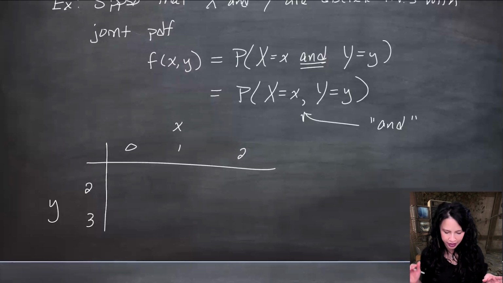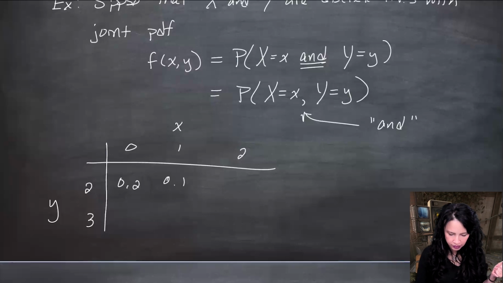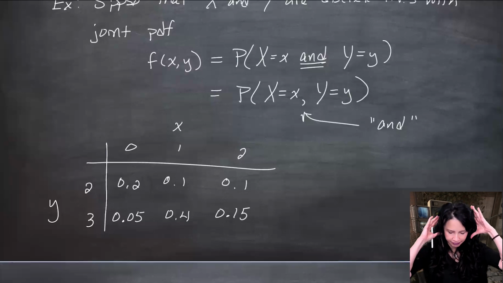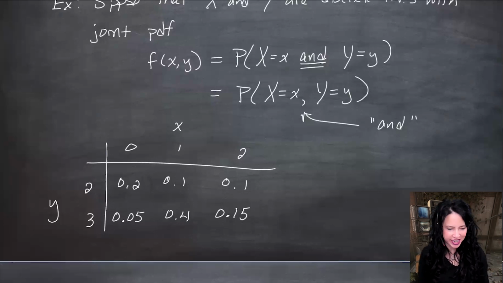So I need to come up with 6 numbers that add up to 1. So how about 0.2, 0.1, 0.1, maybe 0.05. Let's go big on this one. 0.4, and then I'm going to need 0.15 to make them add up to 1, I hope. I'm sure you'll let me know if this doesn't add up to 1.